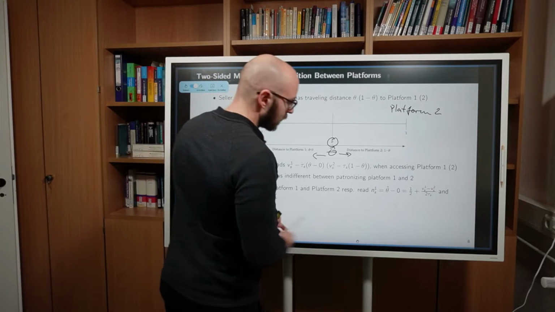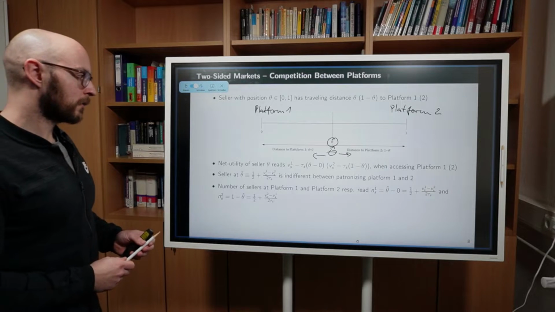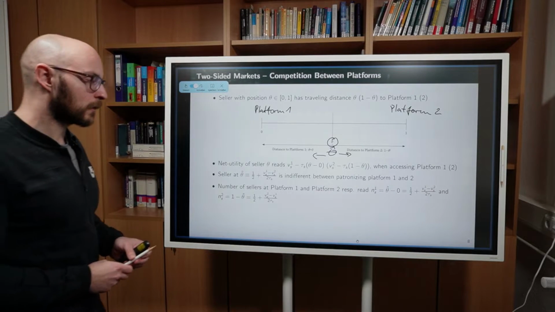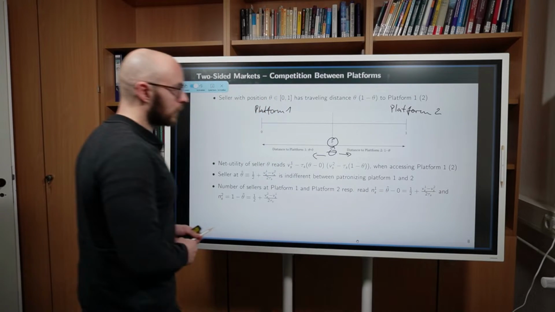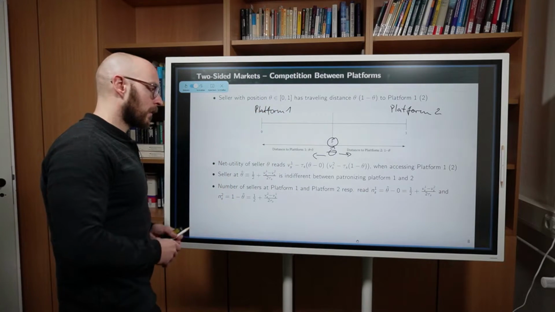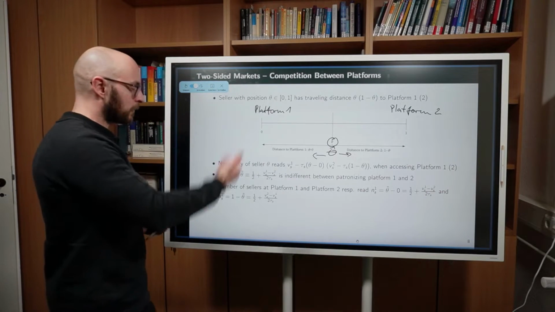And based on that, we can determine our demand, or the number of sellers at the respective platform, and that is theta hat minus 0. So all the ones to the left of theta hat will develop games for Xbox.